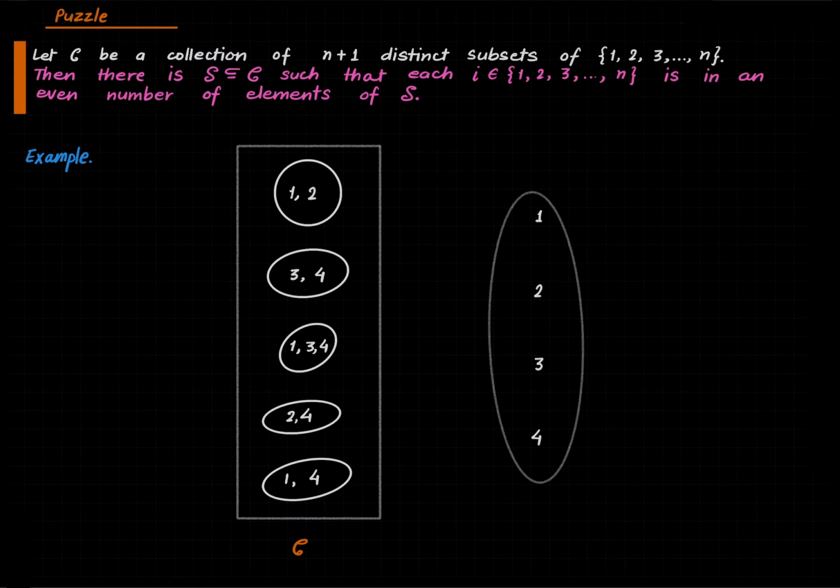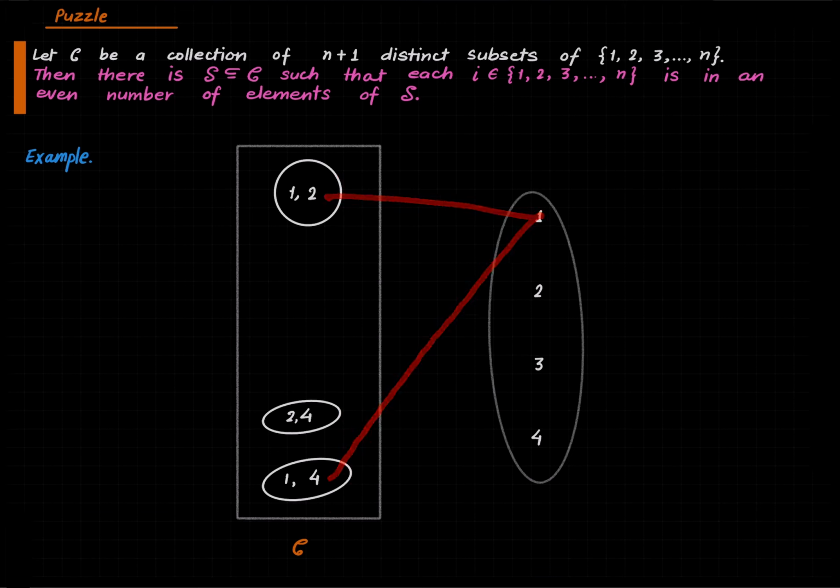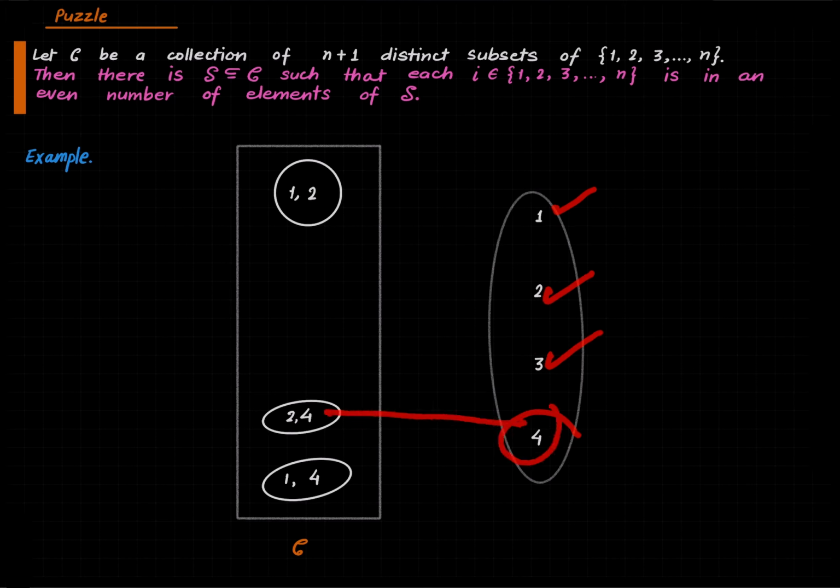And indeed, if you drop these two, then this subfamily has that property, because 1 lies in 2 of these, 2 lies in 2 of these, 3 lies in none of them, and none means 0, which is an even number. So 1 lies in an even number of them, 2 lies in an even number of them, 3 lies in an even number of them, 4 also lies in an even number of them. So that's clear. At least in this example, we have verified this statement, but we want a general proof.